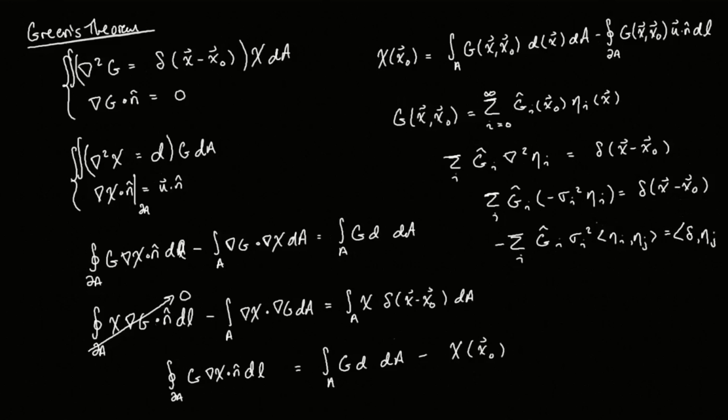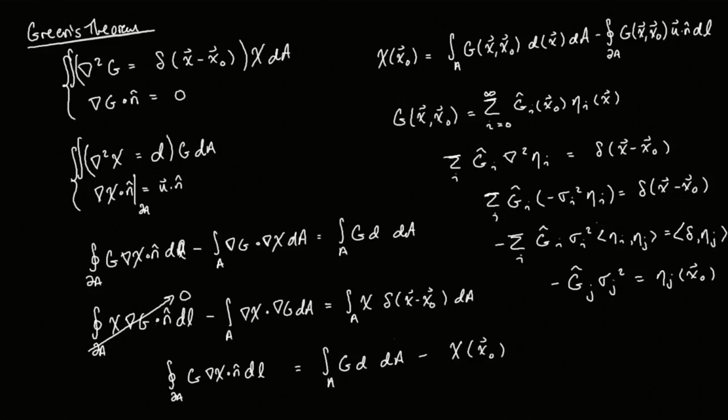And remember, this is just the Kronecker delta, so only i equals j survives, and I'm just left with minus g hat j sigma j squared equals eta j at x naught.